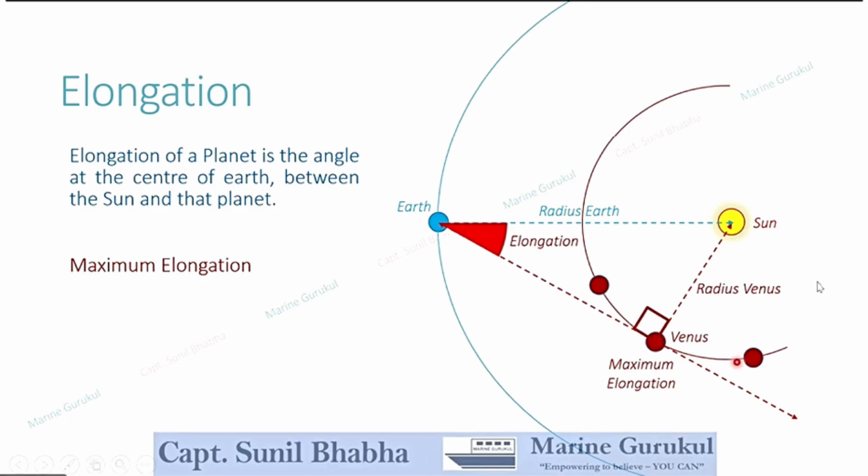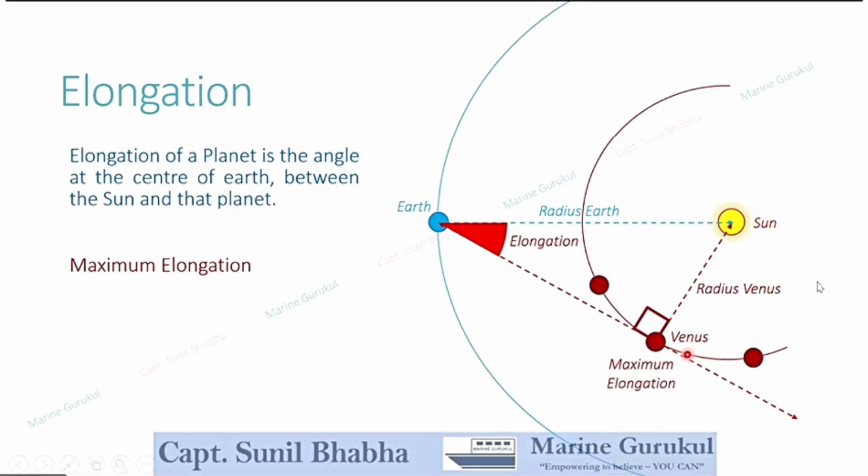Now, inferior planets like Venus, as you see in this diagram, can never be in opposition to the Sun. Irrespective of whichever position they are in their orbit, they can never go in a direction which is opposite to the direction of the Sun.